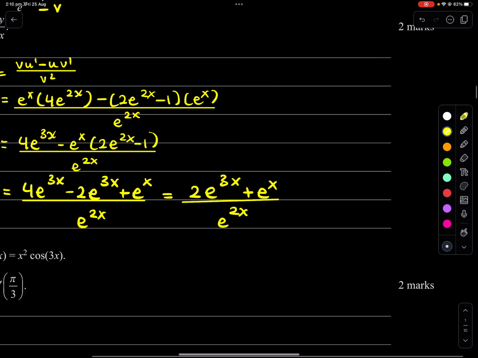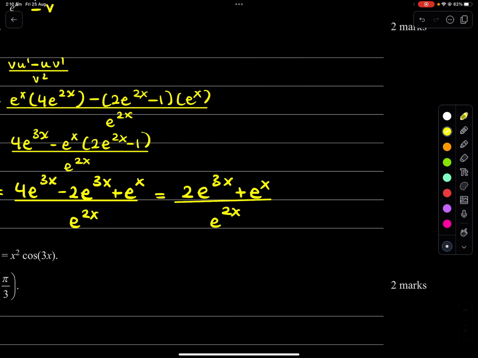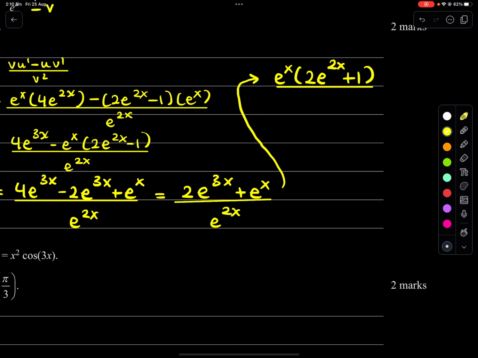I mean, you can take a common factor of e^x, so let's try to do that. So let's bring it over here. And we can say, take a common factor of e^x. That will be e^x(2e^2x plus 1) all over e^2x, which is 2e^2x plus 1 all over e^x.